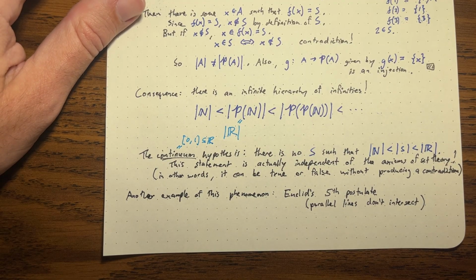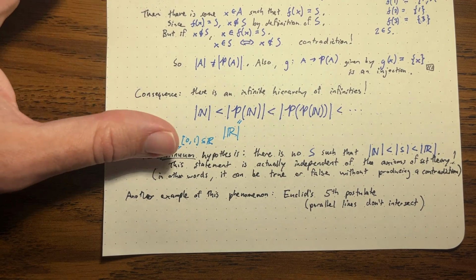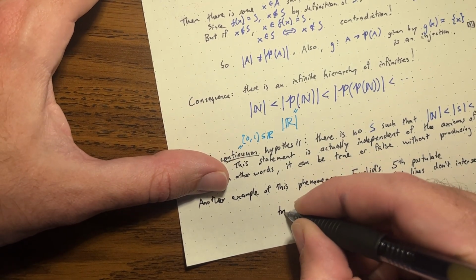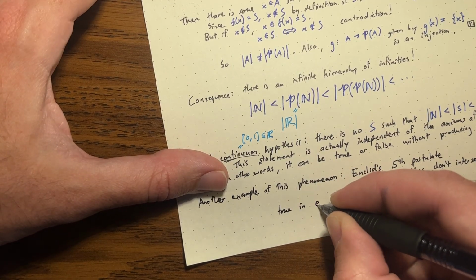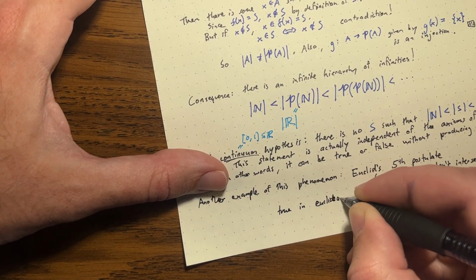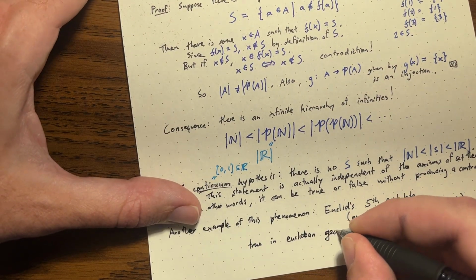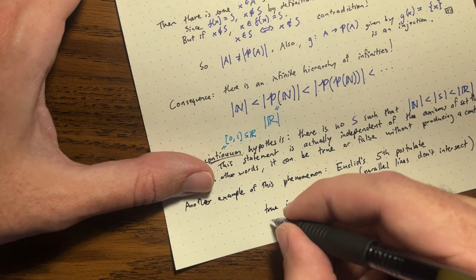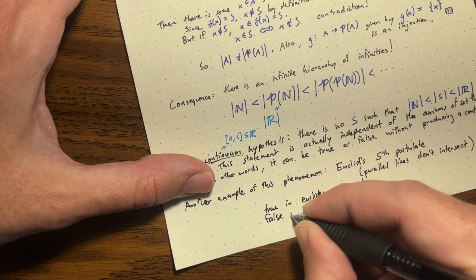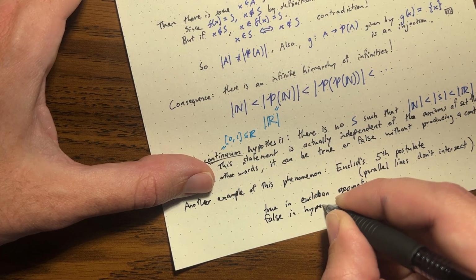It depends what kind of geometry you're working with. This is true in Euclidean geometry. Of course, parallel lines in a plane don't intersect. But it's false in other kinds of geometry, such as hyperbolic geometry, for example.